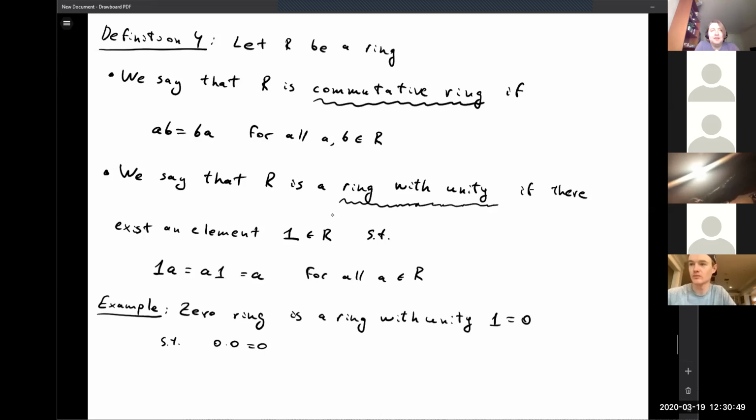So in a unital ring, we require the unit to exist, but we never require that every element has a multiplicative inverse. And unless this unit actually coincides with 0, like in the example of the zero ring on the bottom of the slide, it would never happen that every element is invertible.